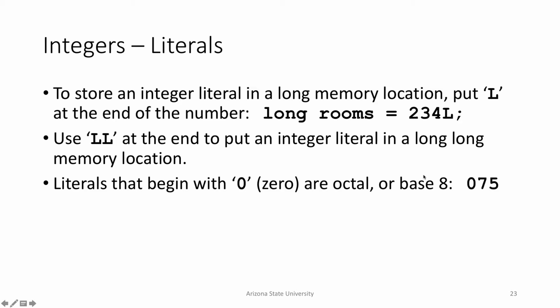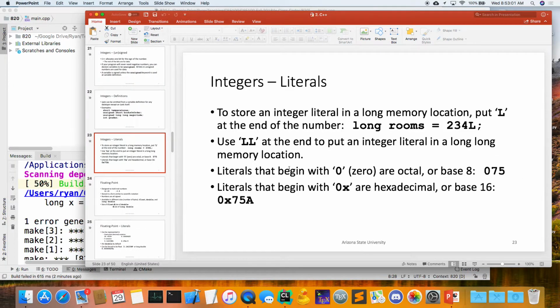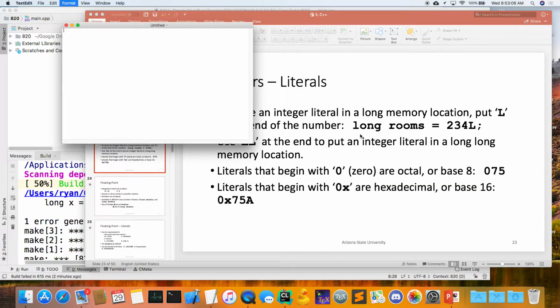So base 8 is take the binary version of the number, the zeros and ones, and group it into groups of size 3. So let's do an example. Let's say we have this binary number and we want to put it into base 8.